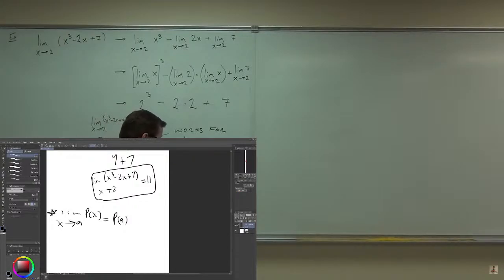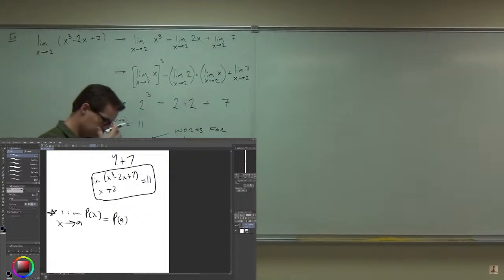To find the limit of a polynomial, just plug in the value, which is 8 in our case.